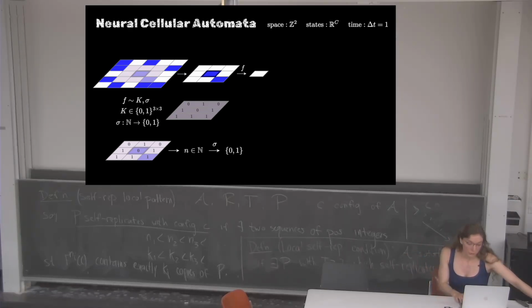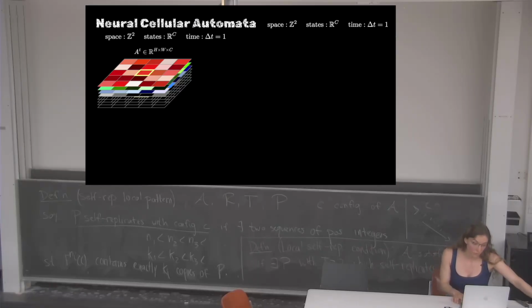So the situation is not that simple when it comes to the exact architecture of neural cellular automata, where we don't just have a single grid or a single real value. We have a whole stash of them that corresponds to this parameter c, the number of channels. We can think about it like this. The first channel can represent the value for the red channel, the second for the green channel, the third for the blue channel.